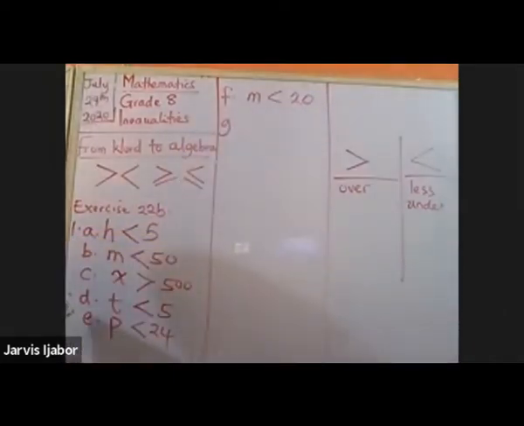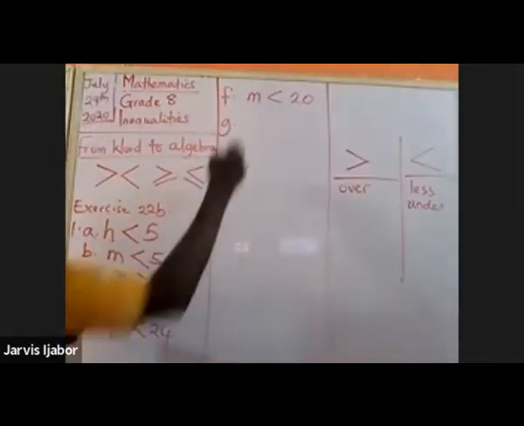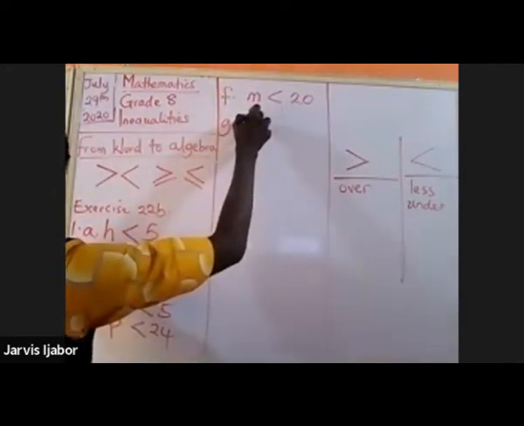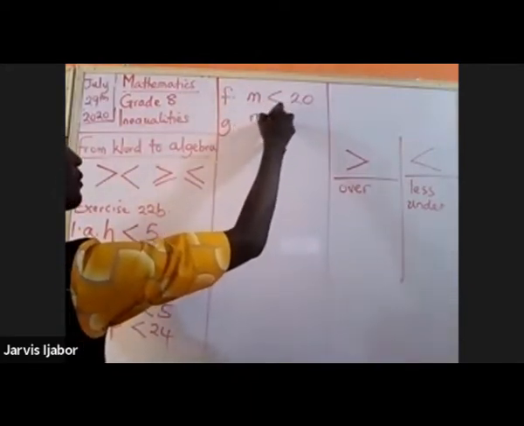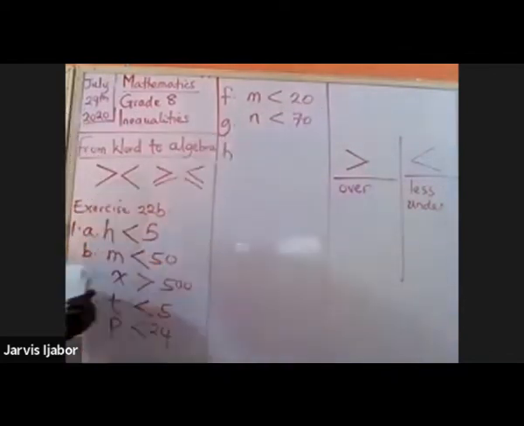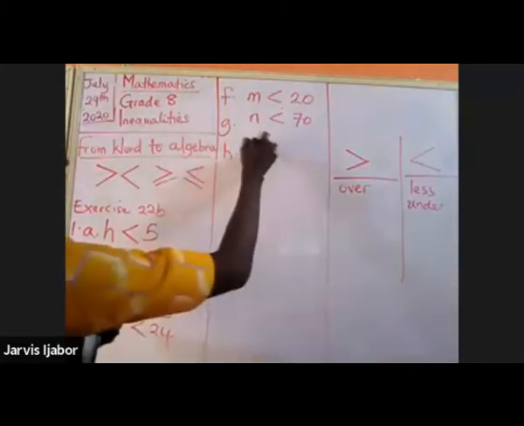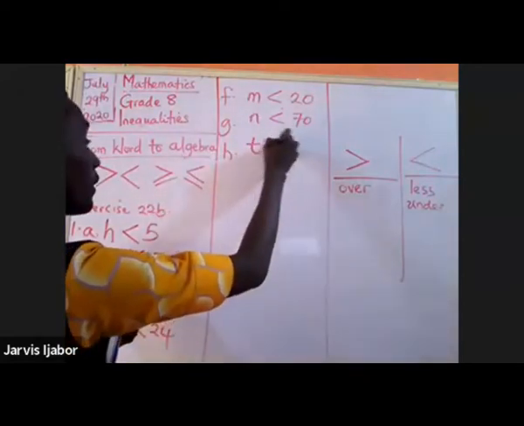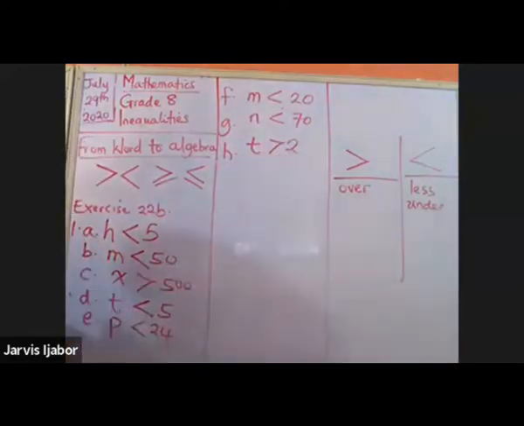G, the cost of the stamp was less than. H, the time for the journey T was over 2 hours. So that's for question 1.